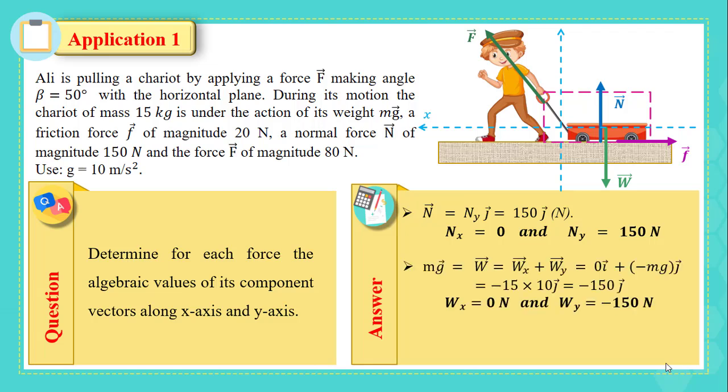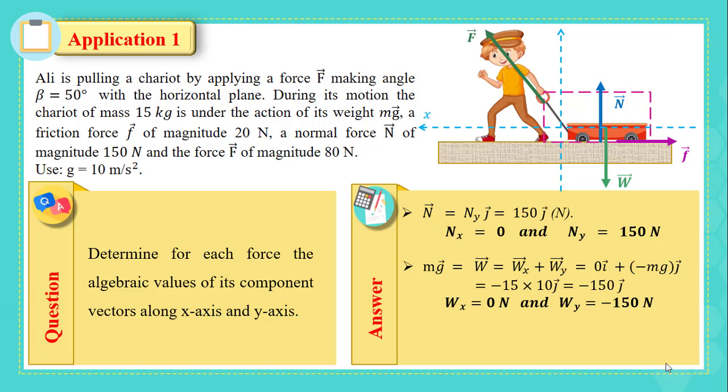The direction of the weight is opposite to the y-axis. Then mg, which is equal to W, Wx plus Wy, is equal to 0i plus minus mg j. We have to calculate here the weight using mass times gravity, which is equal to minus 15 times 10j, which is equal to minus 150j.